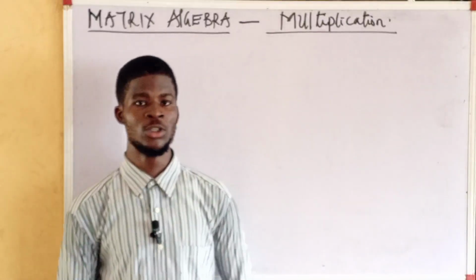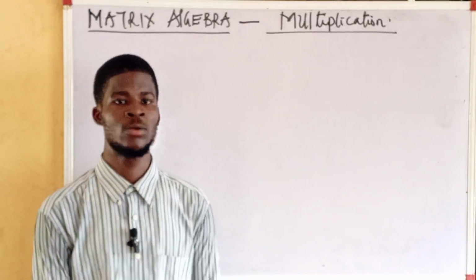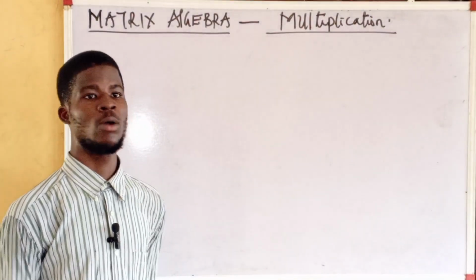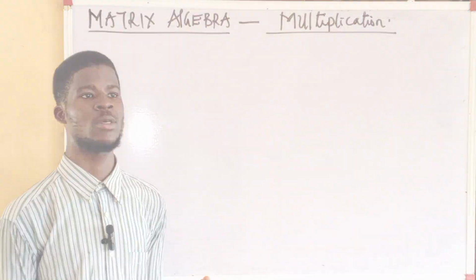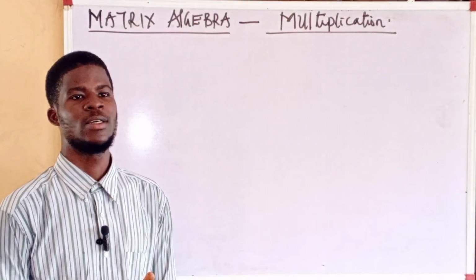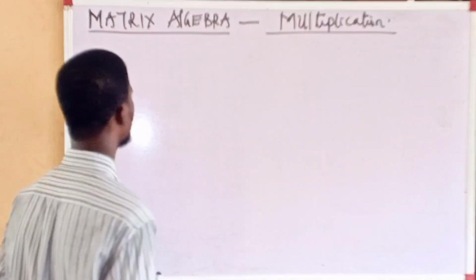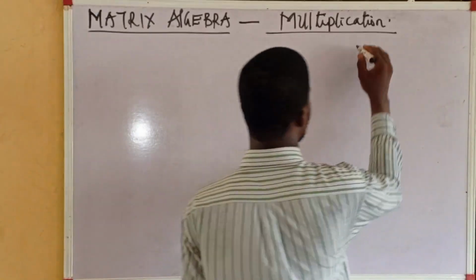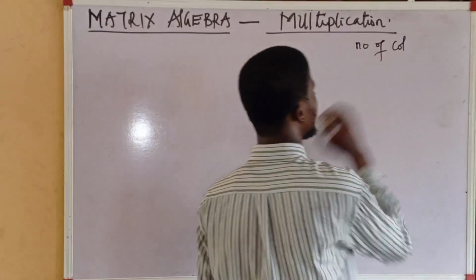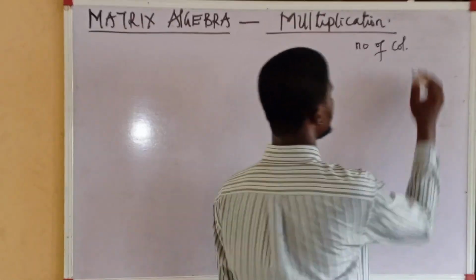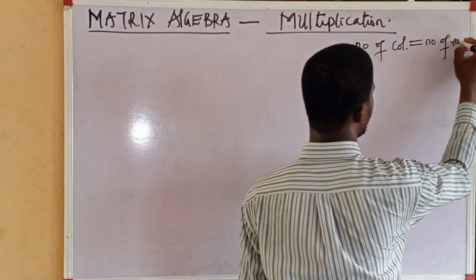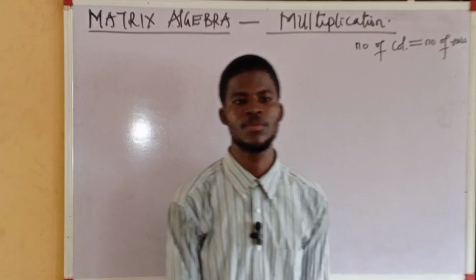Still on matrix algebra. This time around, we're going to talk about multiplication of matrices. All right, how to multiply two matrices. Two matrices can only be multiplied if the number of columns of the first matrix is equal to the number of rows of the second matrix.